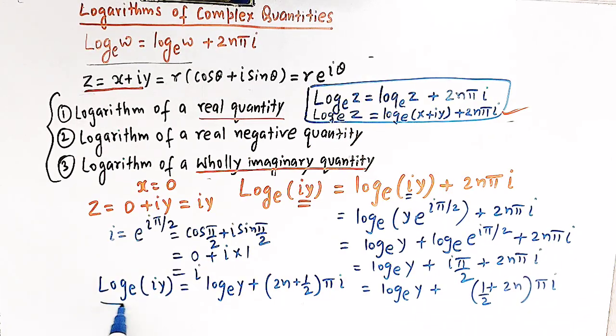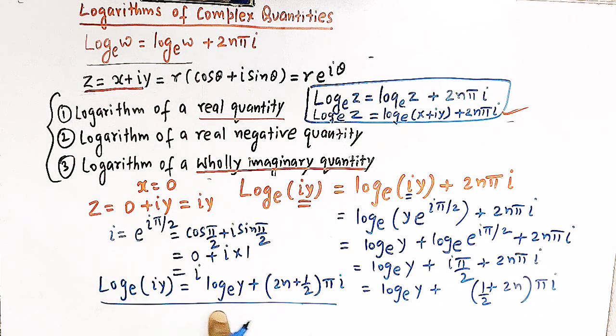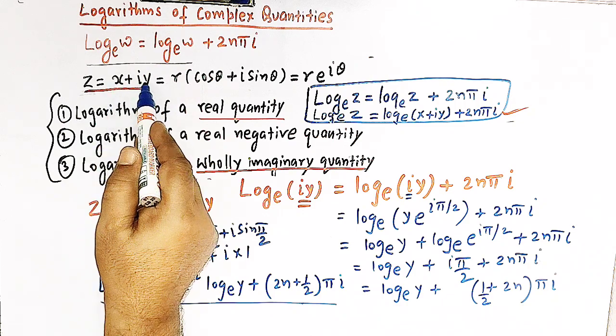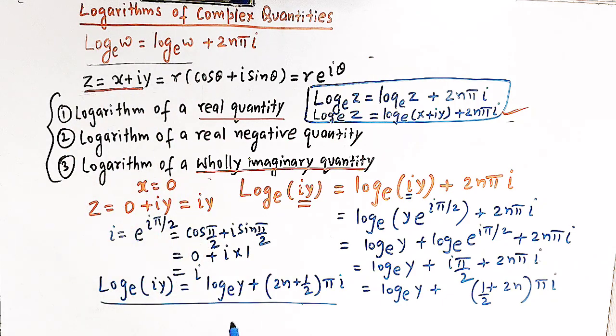So now this expression suggests that the logarithm of a purely imaginary quantity iota y comprises two parts. This is the first part, this is the second part. The first part is a real number, that is the logarithm of y to the base e, because when we take z equal to x plus iota y, then x and y both are real numbers, right? And this is the second part, which is a complex or imaginary number, right?